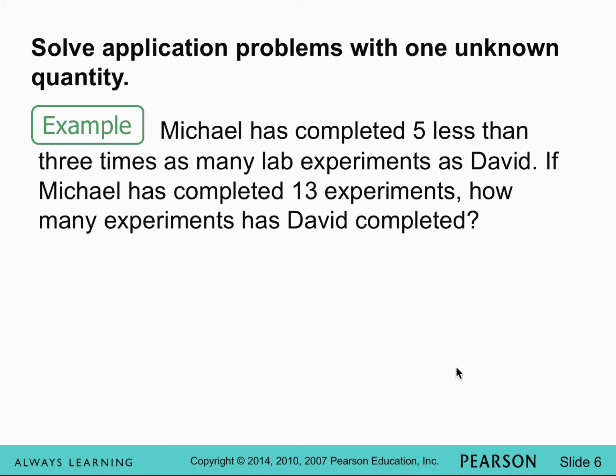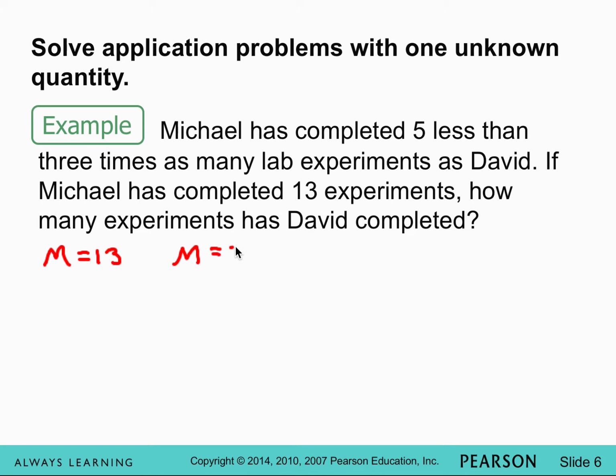Michael has completed 5 less than 3 times as many lab experiments as David. If Michael has completed 13 experiments, how many experiments has David completed? Okay, so we know that Michael has completed 13 experiments, right? I also know that Michael has completed 5 less than 3 times as many as David, right?